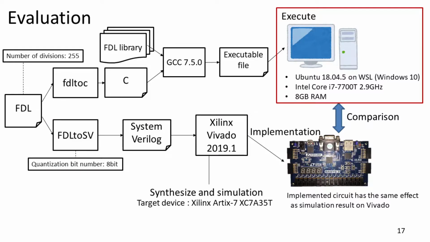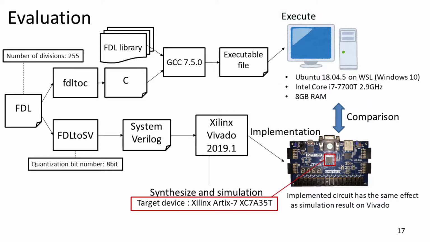About software implementation, we executed this program on a computer shown in the upper right of this slide. About FPGA implementation, we selected a low-cost FPGA, Xilinx RTX 7, as a target device.